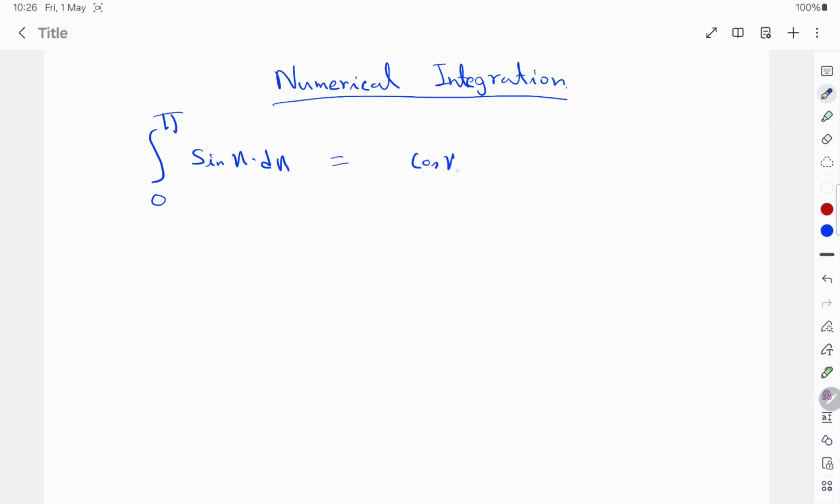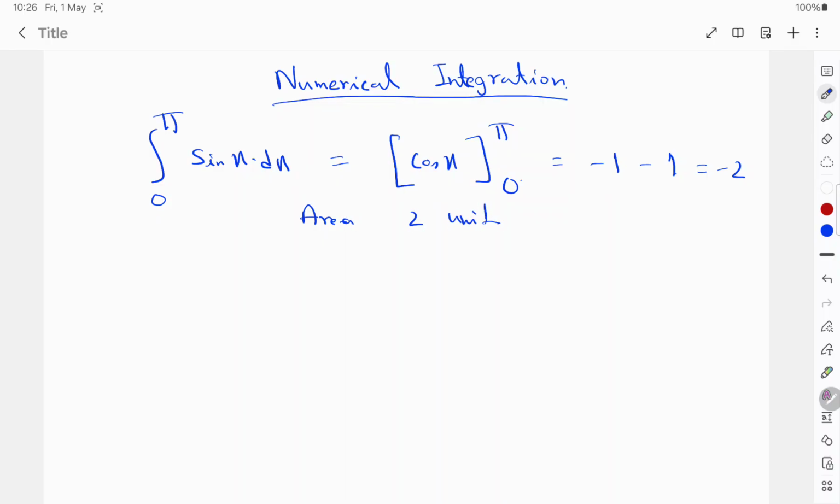It will be minus cos x, then you have to evaluate from pi to 0. So cos pi is minus 1, minus of 1. Basically we are taking the modulus. If I ask what is the area, you can say 2 units.